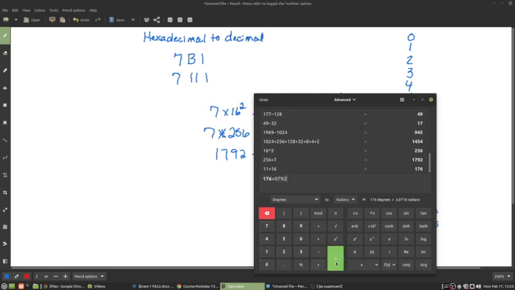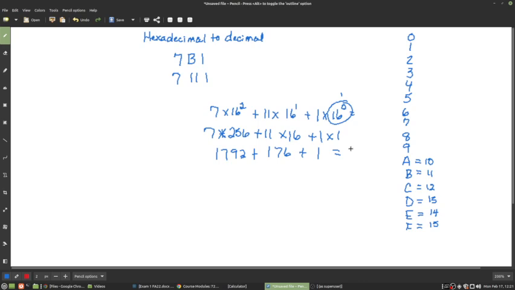Nope, I didn't quite get that right. Let's try that again. 176 plus 1792 plus 1, 1969. So this hexadecimal number converts from hexadecimal to decimal, and it's 1969.